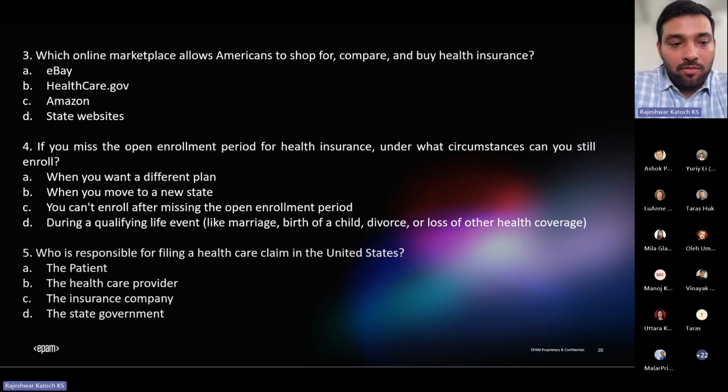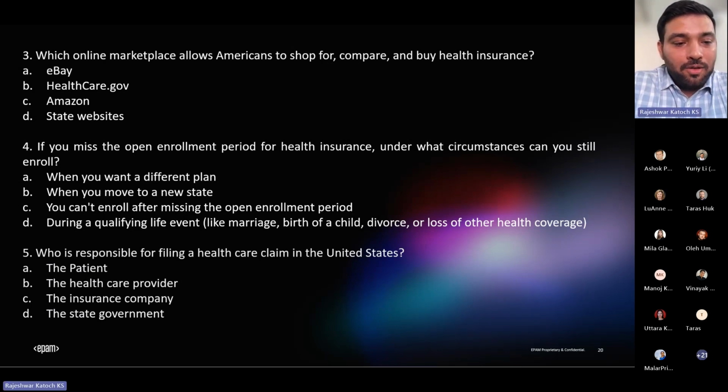These are the following options: when you want a different plan, when you move to a new state, and in the US we have 40-plus states, and you cannot enroll after missing the open enrollment period, or option D, during a qualifying life event like marriage, birth of a child, divorce, or loss of other health coverage. This is a simple one. Only D. Yeah, only D. Of course.